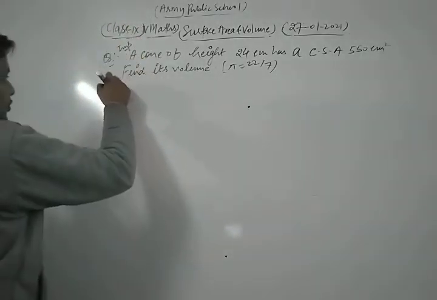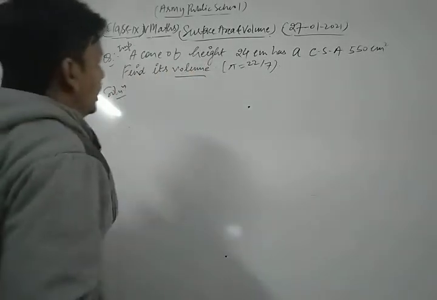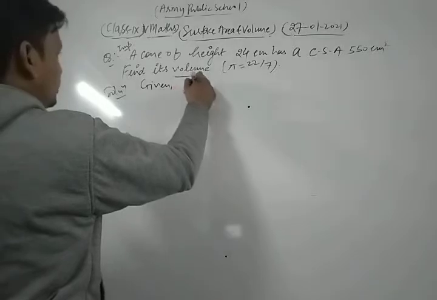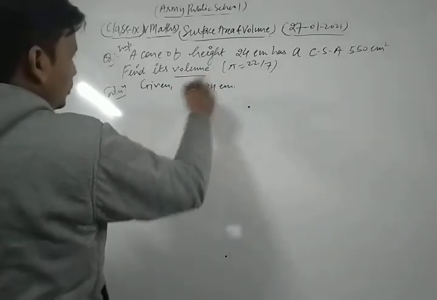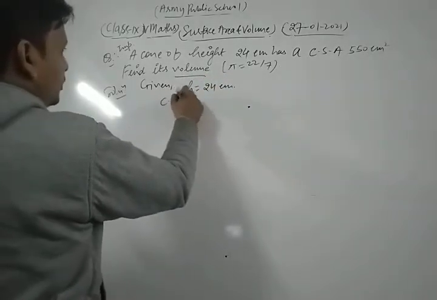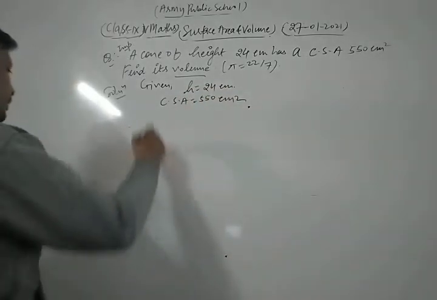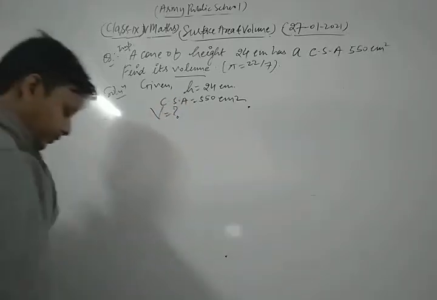Let's see its solution. Here we find its volume, and first of all we write the given. So given height h is 24 centimeter, and the curved surface area of the cone is 550 centimeter square. We find its volume.